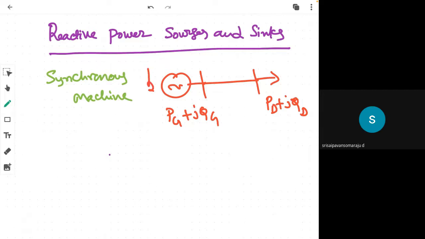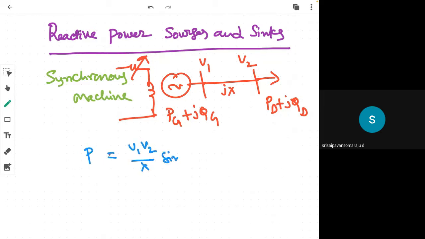Here excitation control is there. This is V1, V2, and this is jX. As you are aware, P equals V1 V2 by X sin delta. So what is the Q?